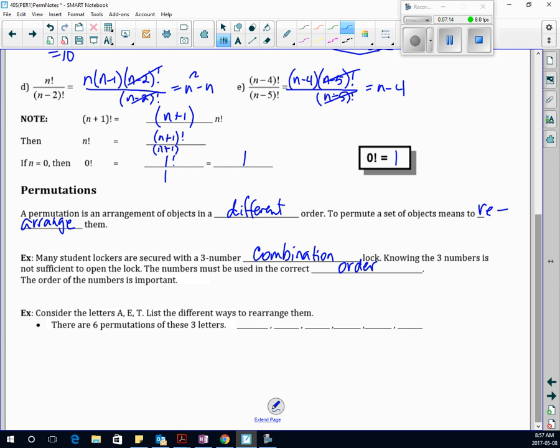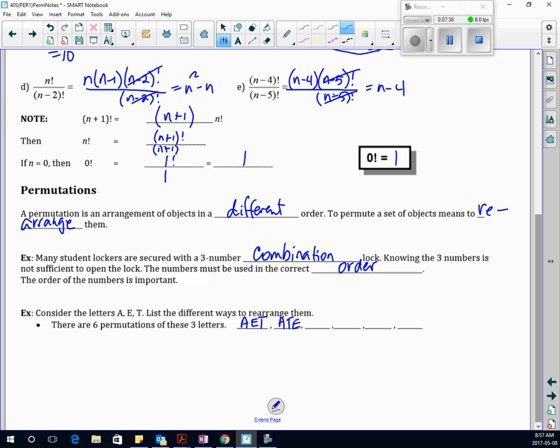Yes? Okay, consider the letters AET. List the different ways to arrange them. There's 6. Yes. So AET is 1. Let's rearrange them. We'll switch the E and the T around. Then what?